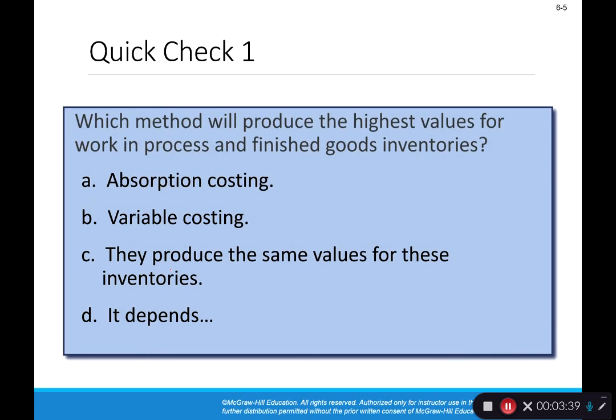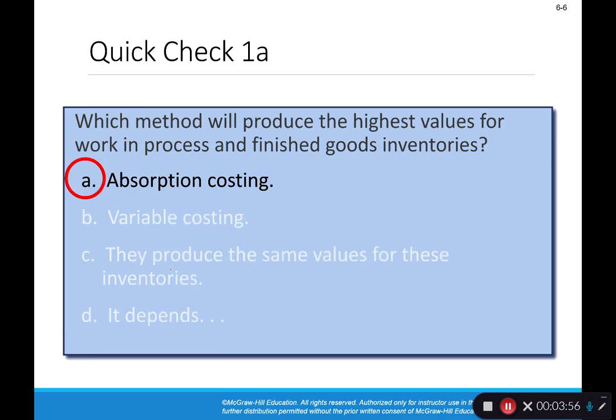So given that knowledge, which method do you think would produce the highest values in WIP and finished goods inventories? Take a minute, maybe pause the video and give it a go. And then welcome back. Hopefully you chose absorption costing as the answer. Absorption costing, remember, absorbs fixed overhead cost, so it has more cost in the product.